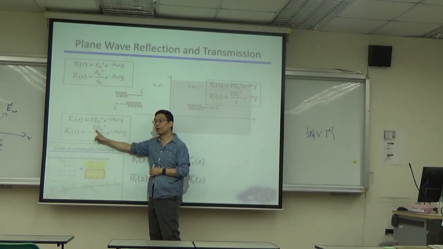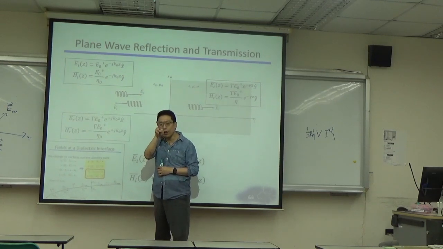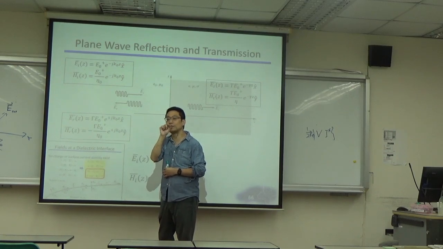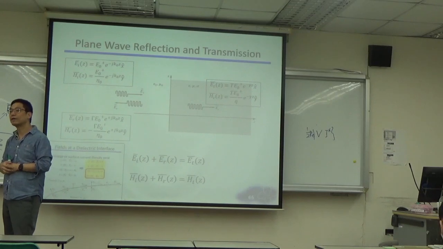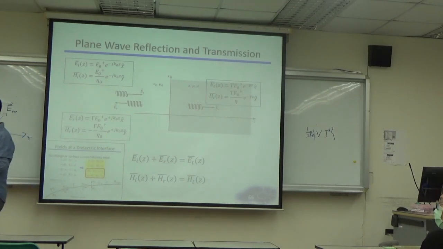I will only tell you there are two materials. You need to calculate T and the reflection coefficient for me, and then give me the value. Okay, those are the values you need to calculate for the exam.